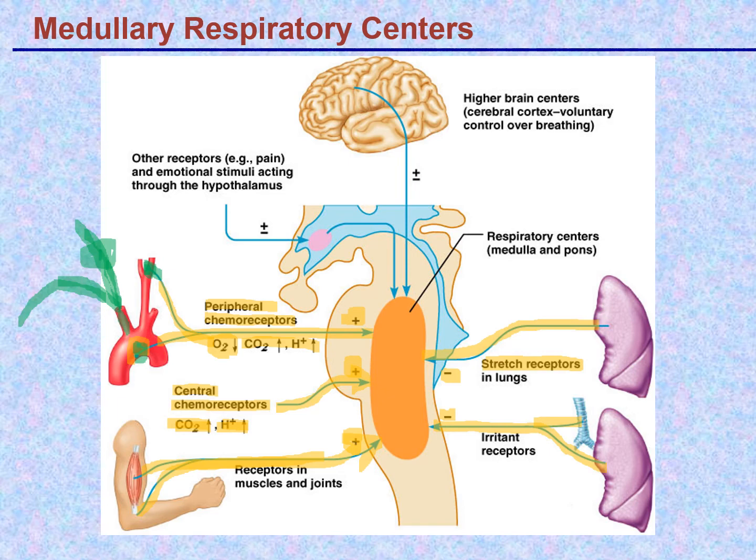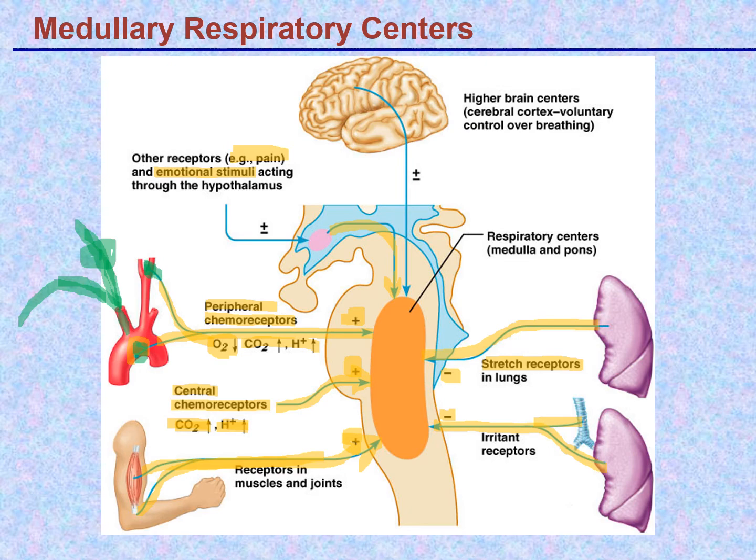If you have sensations like pain or really strong emotional stimulus, then the hypothalamus is activated. It can be positive or negative and trigger signals being sent to the respiratory centers to modulate your rate of breathing.